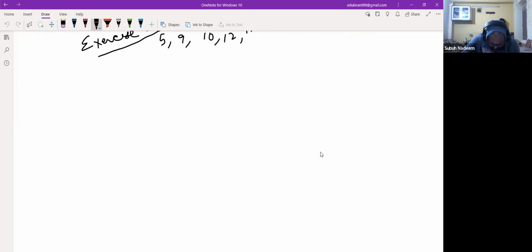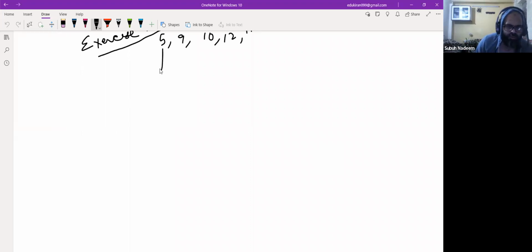Fifth one is x y dash is equal to y. Here you are getting y is equal to ax. Fifth one, it would be like this.